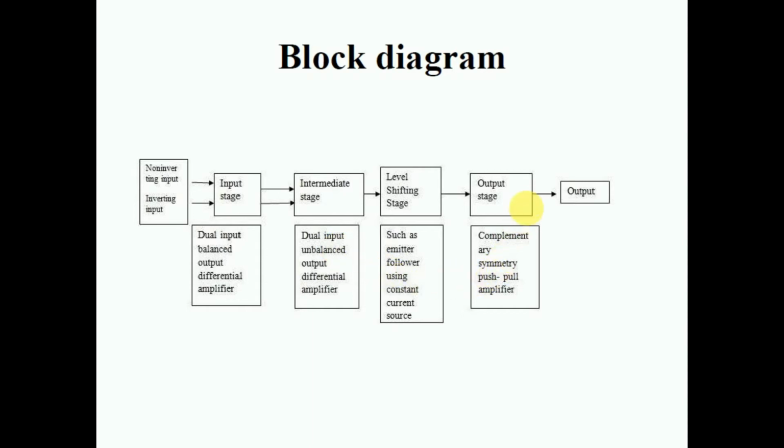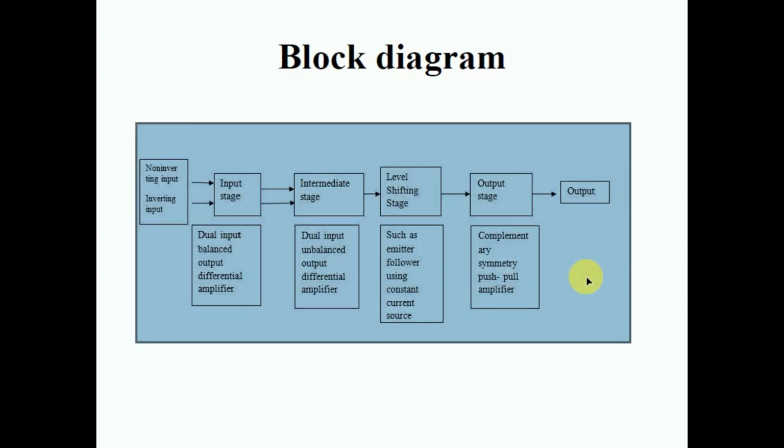After that, there is the output stage, which is a complementary symmetry push-pull amplifier, class B type, as we have seen. This is the basic idea of the output stage and how it works, and at the end it provides the output. So this is the basic block diagram.